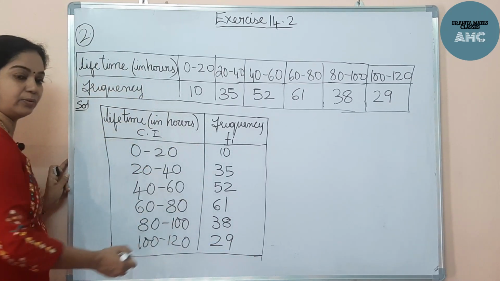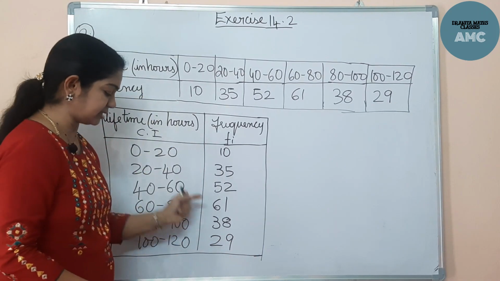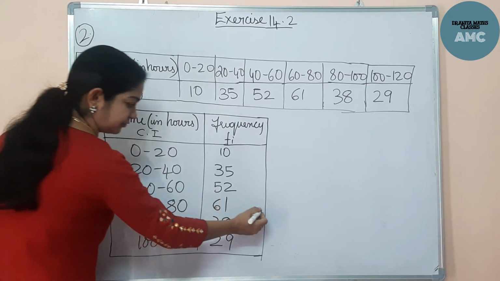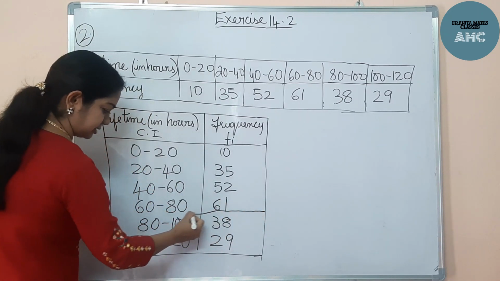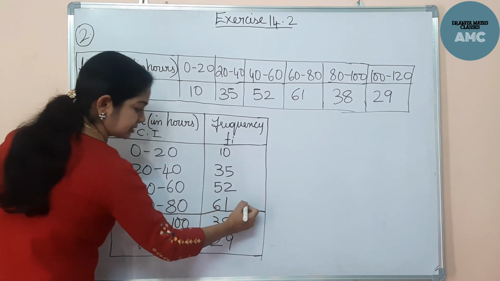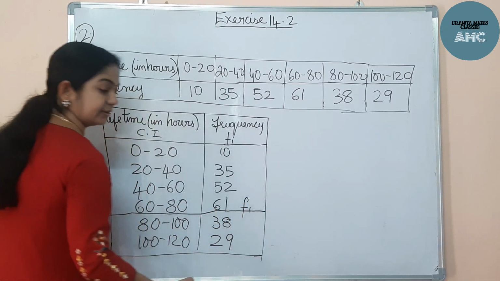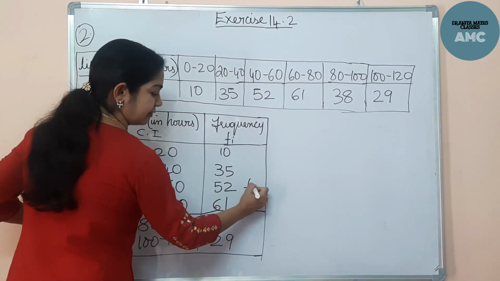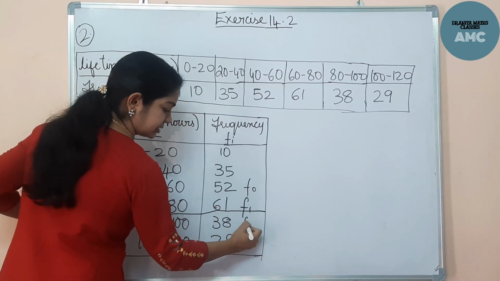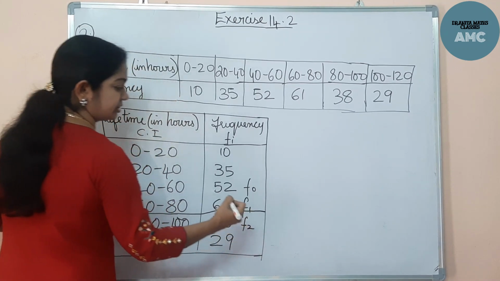Okay. Now, in this the highest frequency is 61, right? The highest frequency here is 61. So, keep this as the F1. The preceding one is F0. The succeeding one is F2. Right, children?